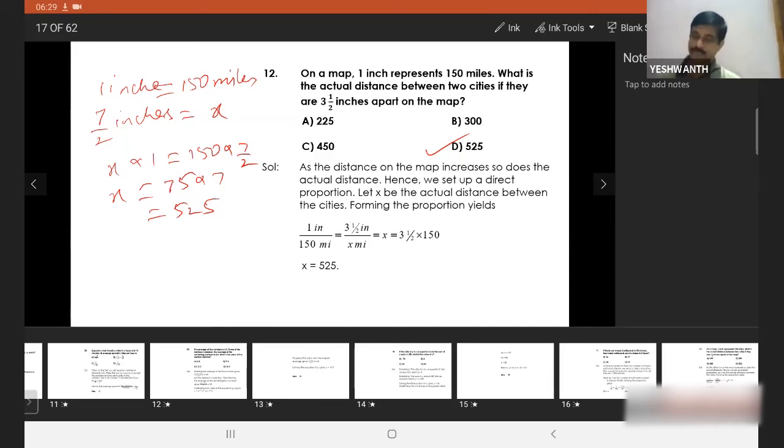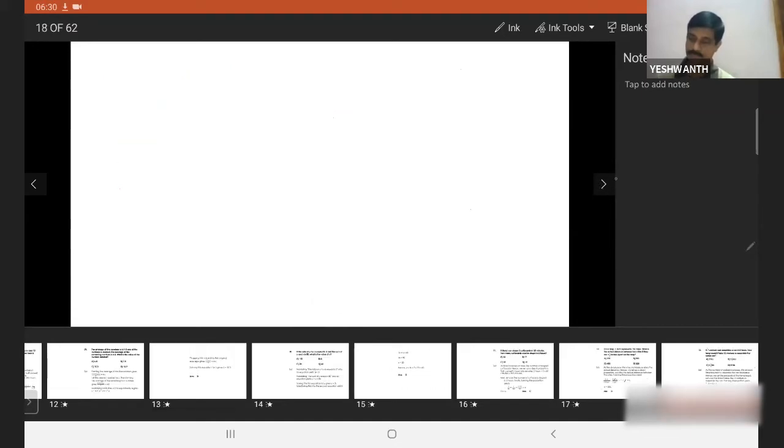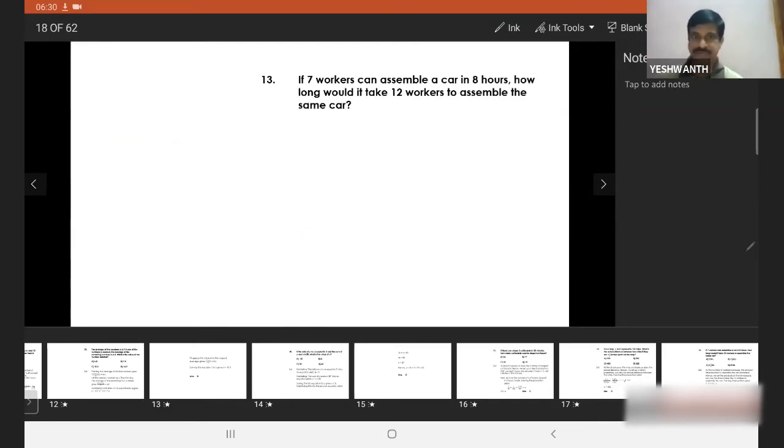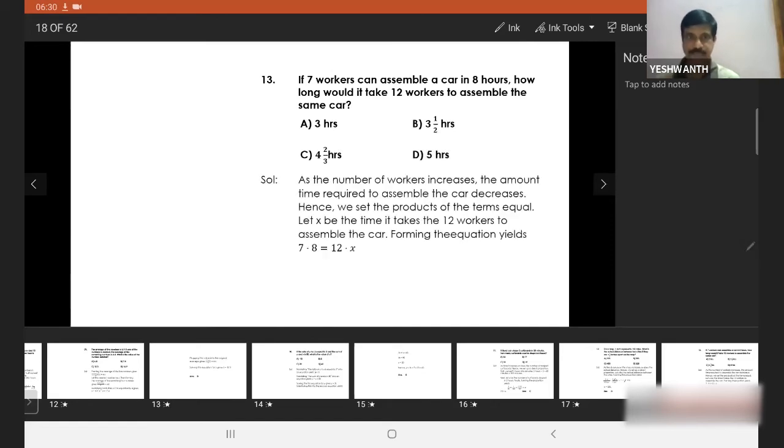Okay. Let us move to the next one. If 7 workers can assemble a car in 8 hours, how long would it take 12 workers to assemble the same car? So now look at this. So he has given options. Let us see what has to be done.